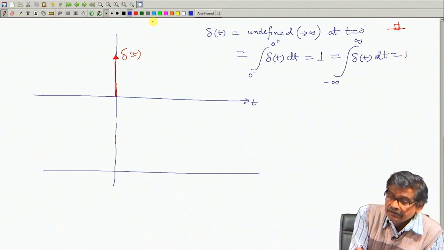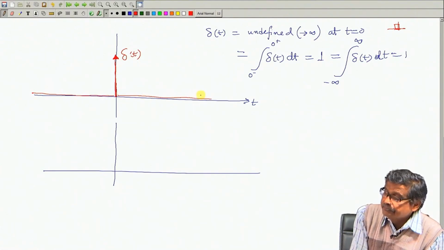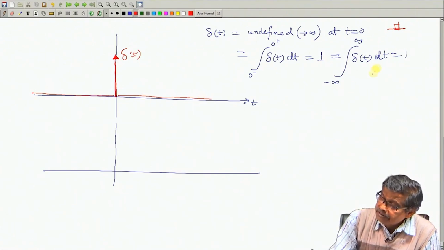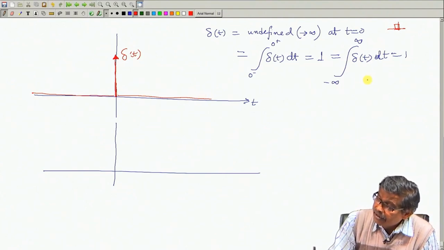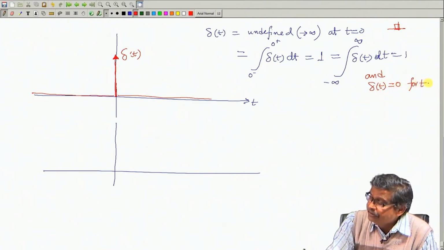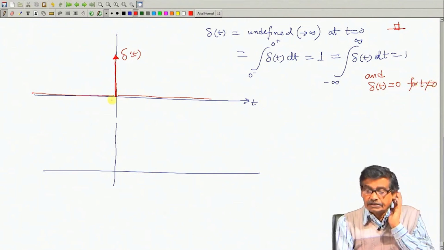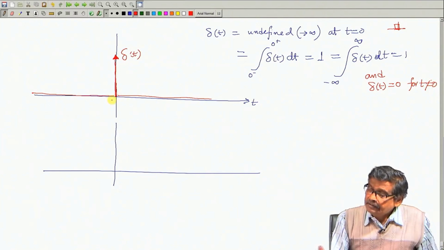Why? Because up to 0 minus, elsewhere the function is 0. So, this is 1, and delta(t) is equal to 0 for t not equal to 0. Other than t equal to 0, the function is 0. Very simple function otherwise, everywhere 0.